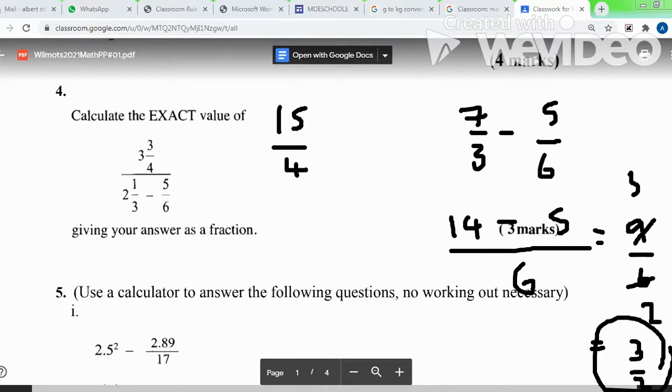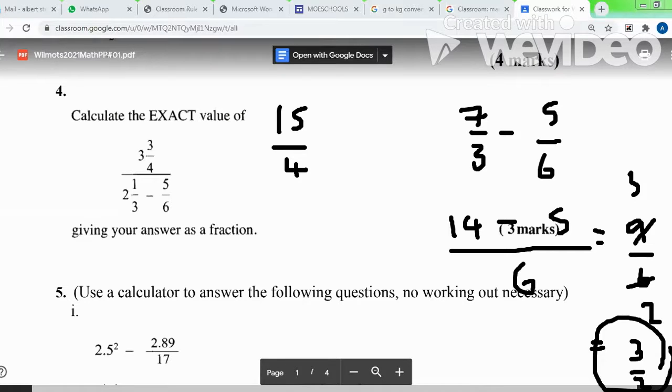And also, Mr. Albert, what I said before about multiplying and getting the 18, which was not the lowest common multiple, I did it that way and I still got the same answer you got. Yeah, but it doesn't mean that you will get the full marks.